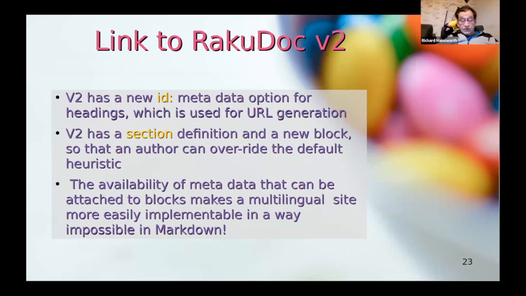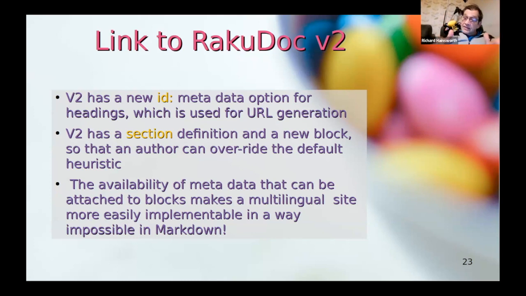So, I was just sort of saying most of that here, that version 2 has a new ID metadata option. Version 2 has a section definition and a block. And the availability of the metadata that can be attached to blocks can make a multilingual site implementable in a way that is impossible in Markdown at the moment.